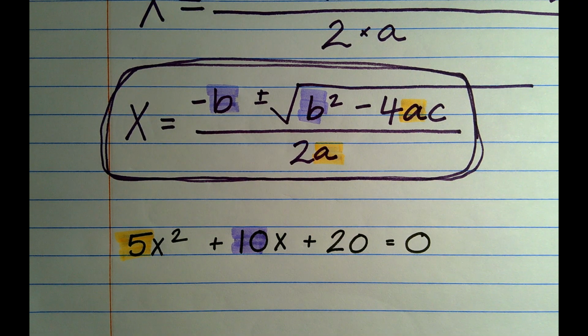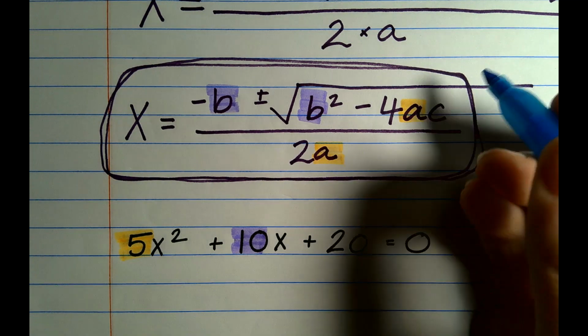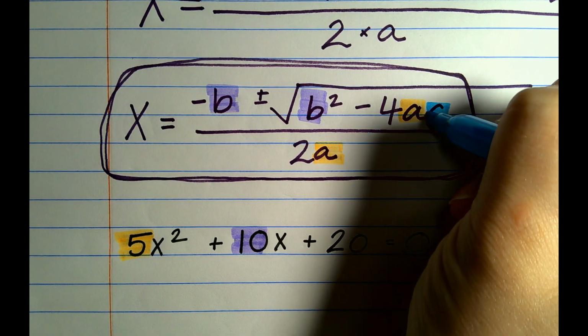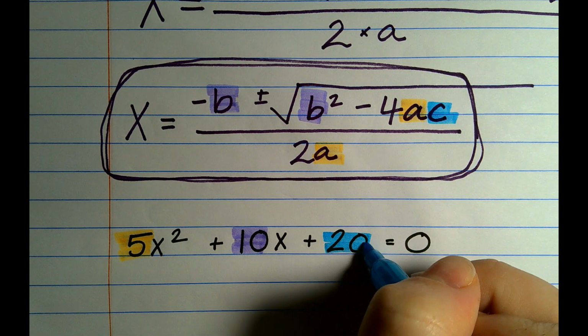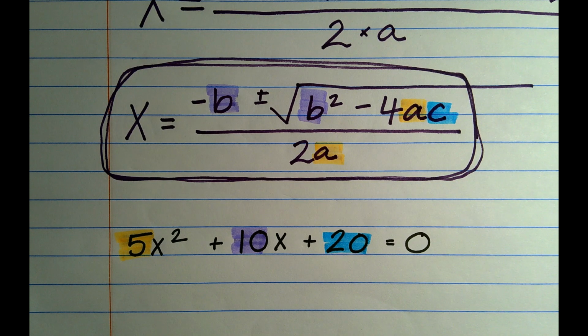Okay, now let's look at C. C only gets used once in the formula, right there. And what's our C in our equation? 20. Good. Okay, so already just by highlighting some of the letters and numbers, this looks a little bit less scary, I think.